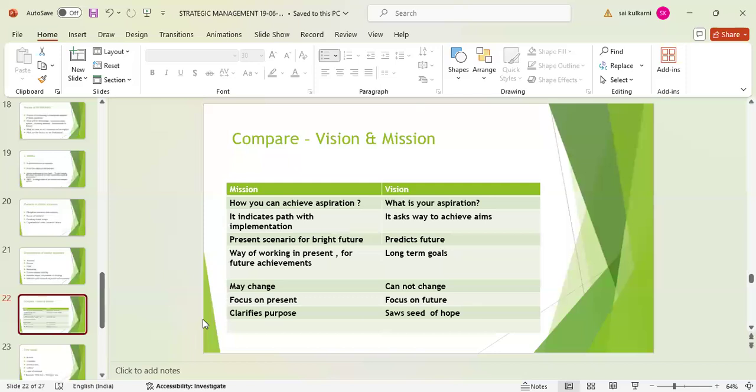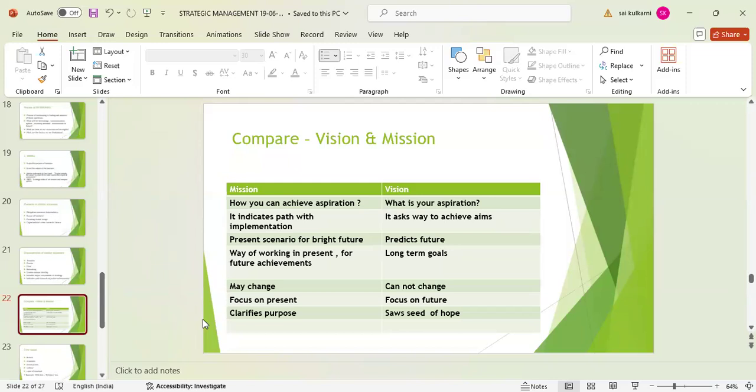Next point is that the mission statement focuses on the present. What should be done in the present is the task of the mission. And the vision statement focuses on the future.